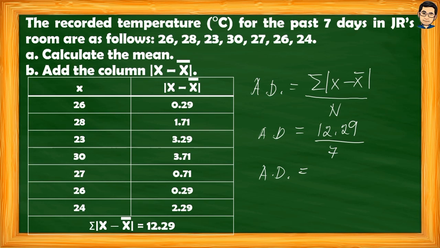So, the result will be 1.76. So, ibig sabihin, ganyan po yung average na deviation, yung average distance. So, kung gaano kalayo yung average temperature sa lahat ng temperature for the past 7 days. So, 1.76.